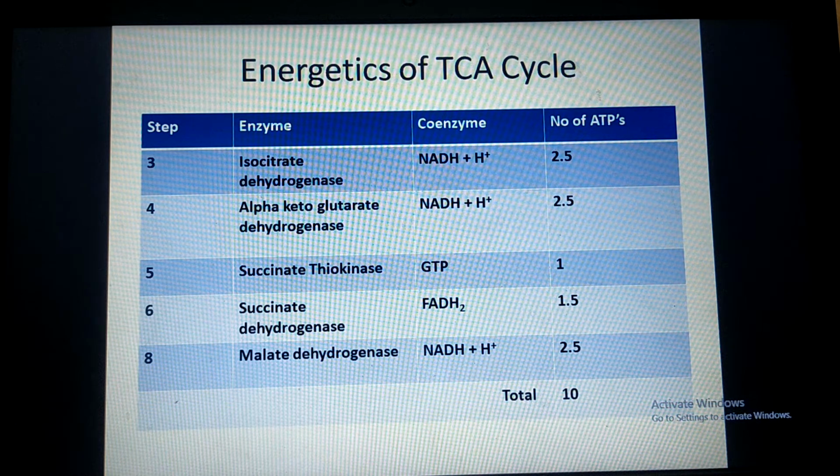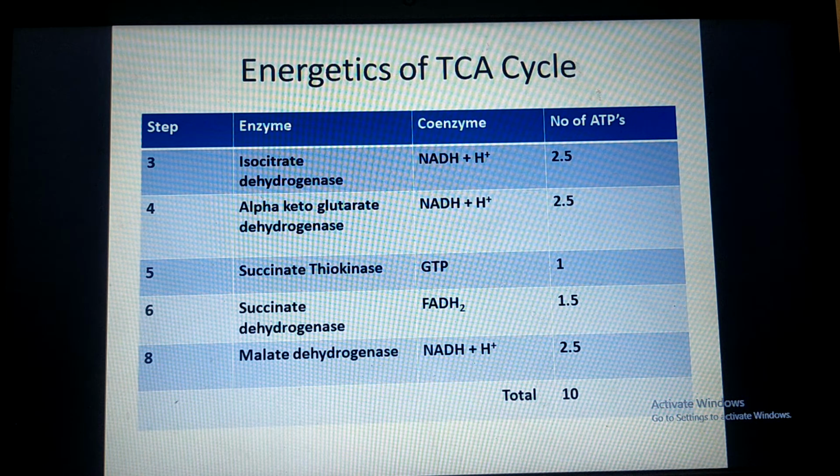In the fifth step, substrate level phosphorylation takes place. The enzyme required for this step is succinate thiokinase. 1 GTP is synthesized, which is equivalent to 1 ATP. In the sixth step, again two hydrogen atoms are removed by the enzyme succinate dehydrogenase, which are accepted by FAD to form FADH2.